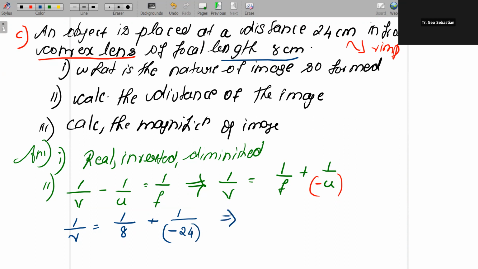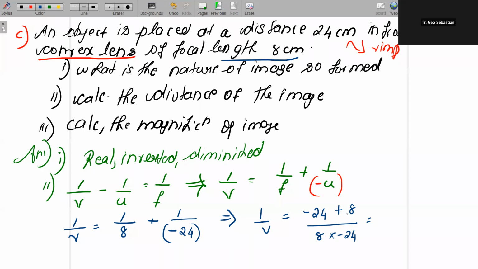Understood? So this will become 1 by V is equal to minus 24 plus 8 divided by 8 into minus 24.